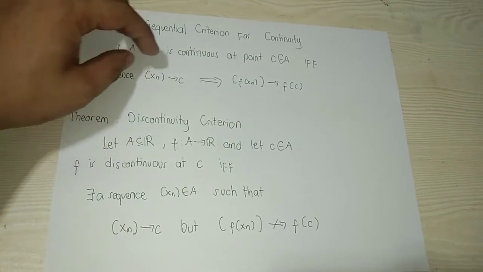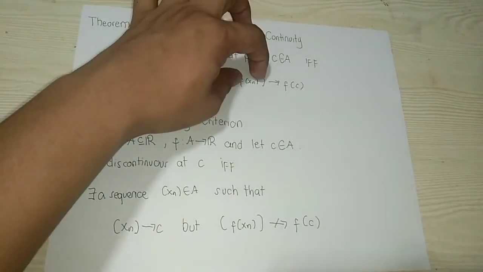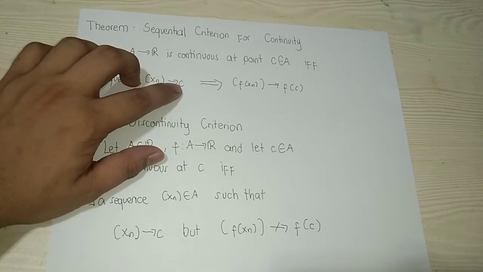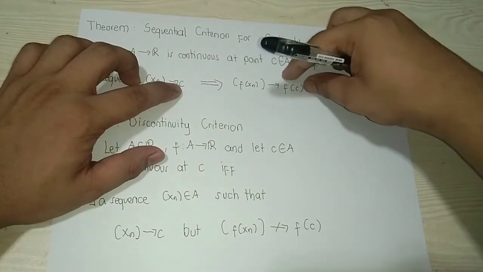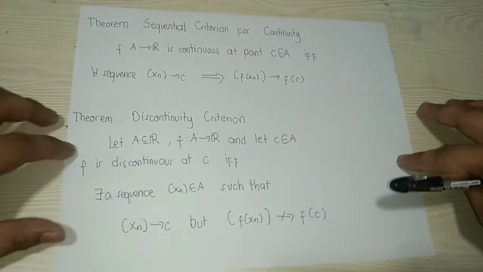Okay, so kumbaga yung mga values ng x sub n, pag nilagay natin sa function, dapat equal doon sa f of c. So yun yung sequential criterion.